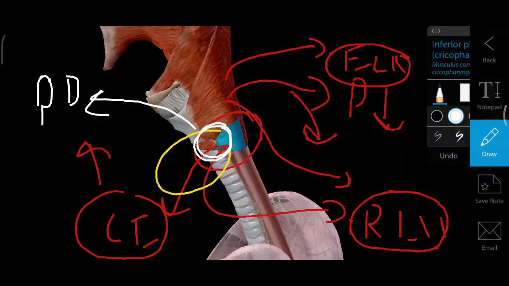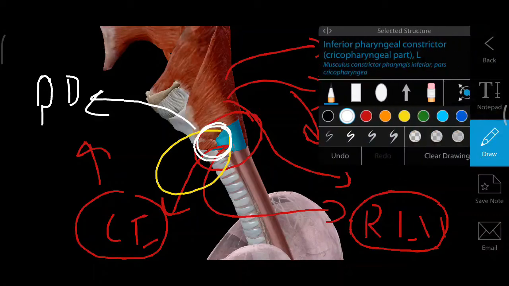So what's going to happen when we have a desynchronization between the recurrent laryngeal nerve and the external laryngeal nerve? The inlet is closed, but the food is pushing downwards. So what's going to happen, we will have a pouch here. That pouch is formed by the mucosa and the wall of the pharynx.